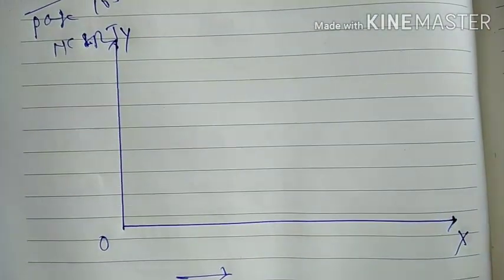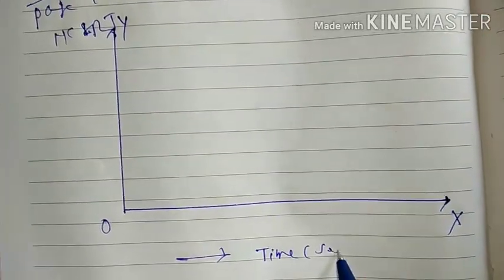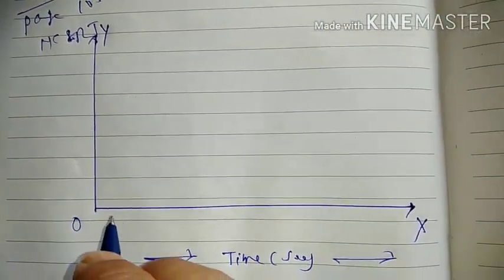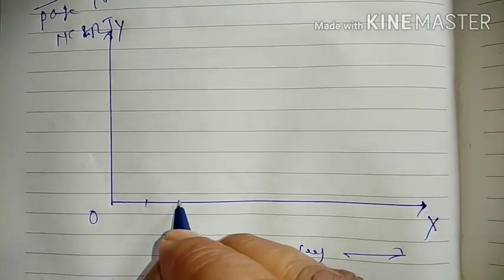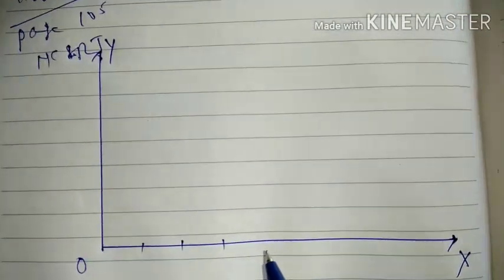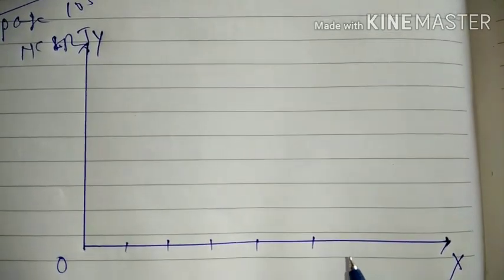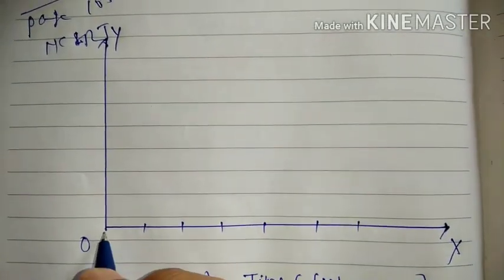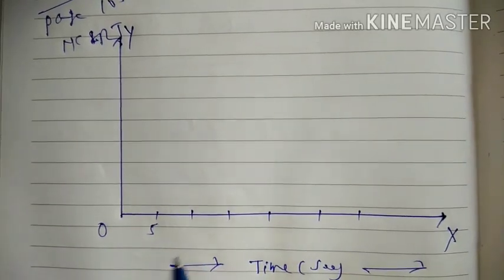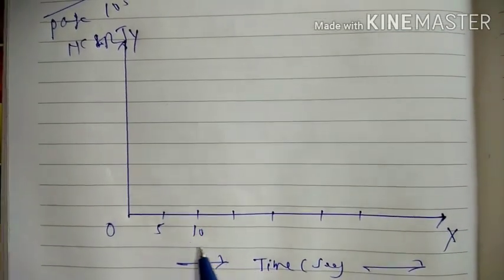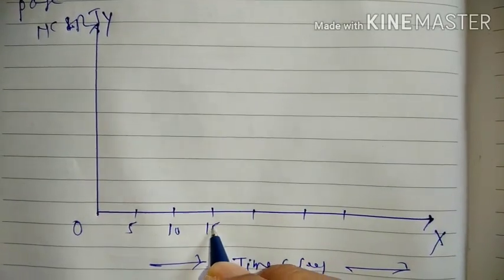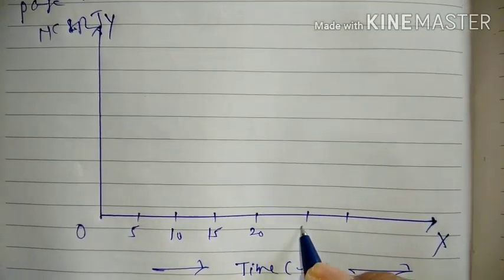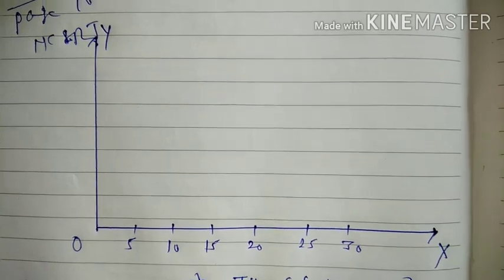If we take time in seconds along x-axis, the time is given 0 second, 5, 10, 15, 20, 25, 30 and so on. So this is 0, this is 5 seconds, this is 10 seconds, equidistant points, 15 seconds, 20 seconds, 25 seconds and 30 seconds.